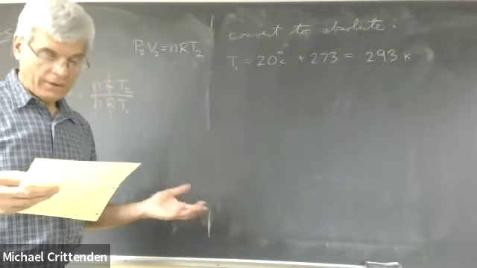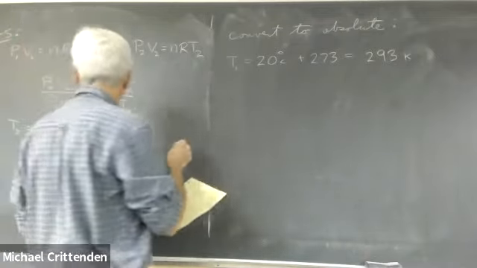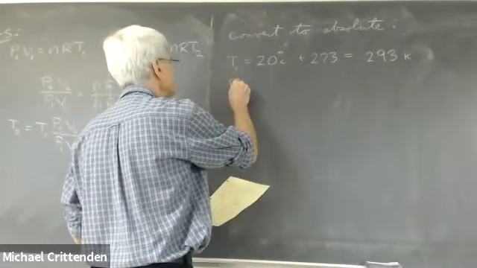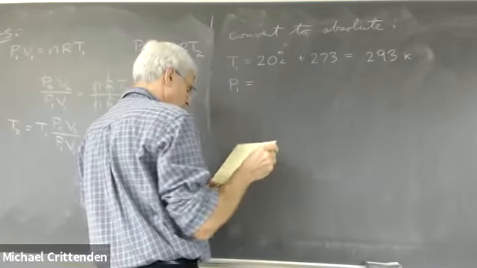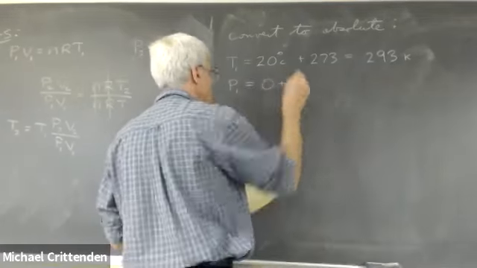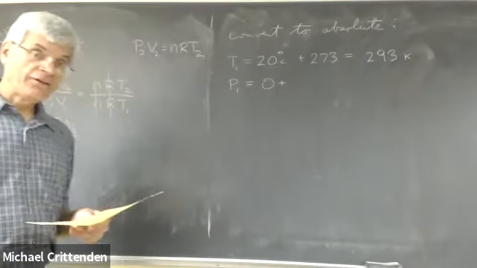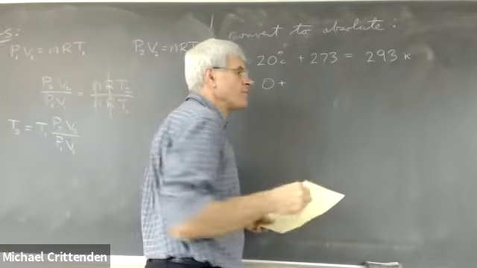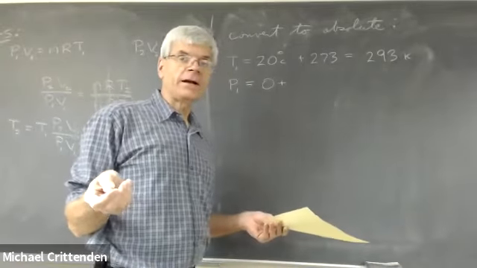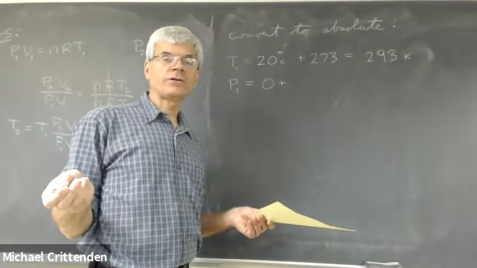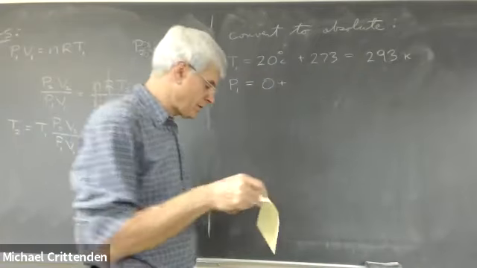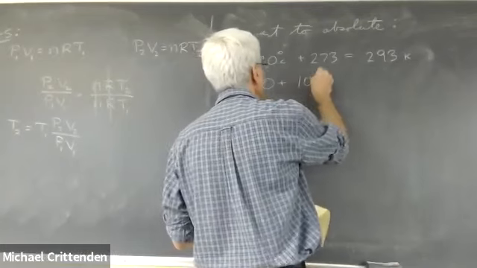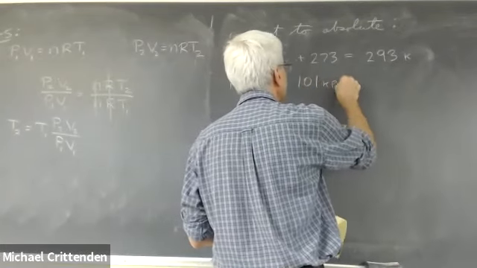Same basic kind of thing with the pressure. The original pressure, the gauge said 0, but we need absolute. Since the question says nothing to the contrary, we'll assume atmospheric pressure is standard atmospheric pressure, about 101 kilopascals.